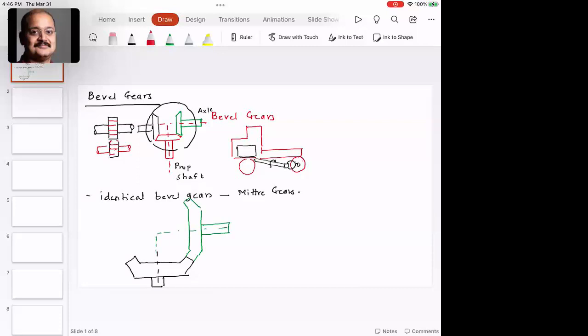So this angle, it's called as the semicone angle.